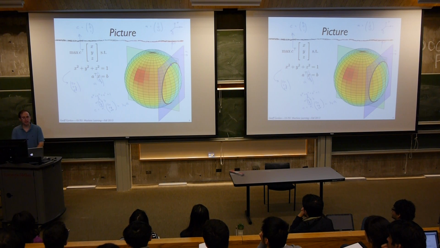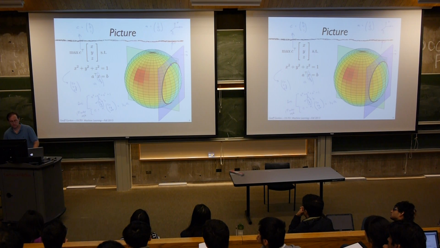So there are two KKT conditions. One is that you have to be feasible, and that's these two things. And then this here is the first order optimality. And so if you satisfy both of those, then you're a local minimum, maximum, or saddle point.